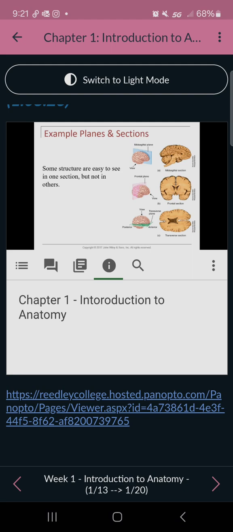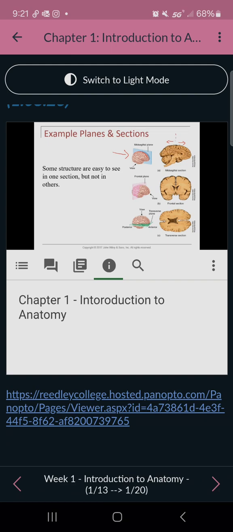Here we have examples of planes and sections. Some structures are easy to see in one section but not in others. Here we have a brain, and we're looking at the different planes of the brain. For example, here we have a mid-sagittal section, and remember we said mid-sagittal is from the middle, dividing the brain into the left and the right, exactly from the middle.